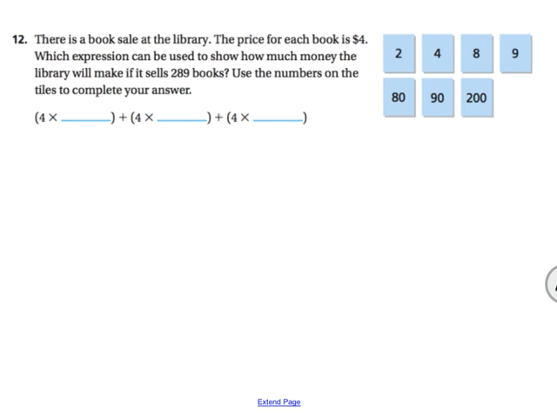Okay, so first, we really have to know that one book is $4, okay? And the library is possibly selling 289 of them. So the expression would be $4 times 289 books. Okay?